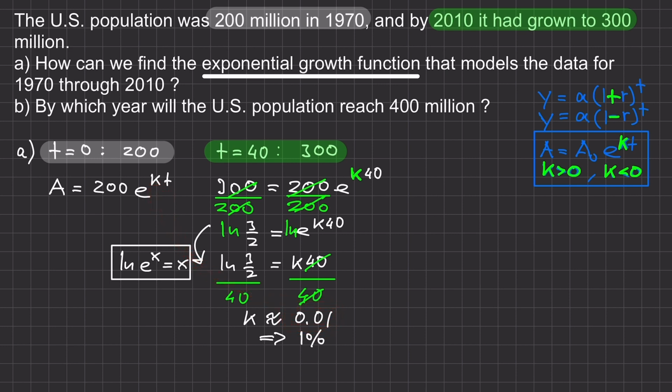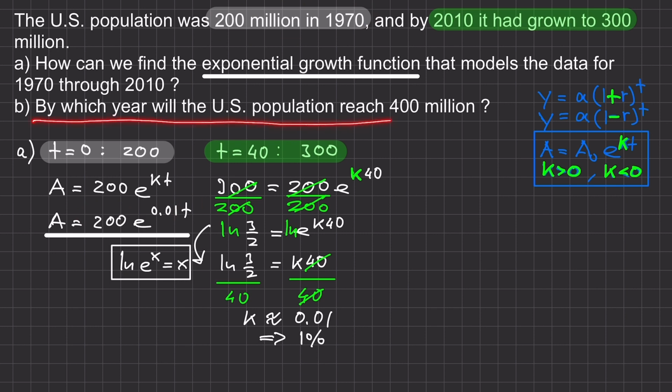So we can write A equals 200 times e raised to the power of 0.01 times t. And we are done with finding the exponential growth function that models the data for 1970 to 2010. Note that t is measured in years after 1970.